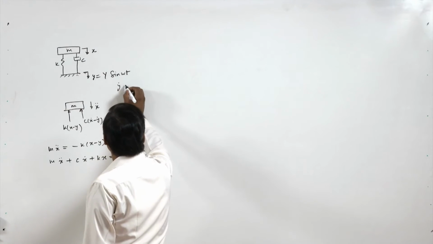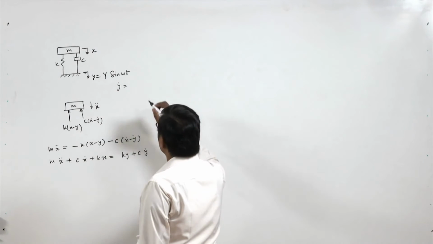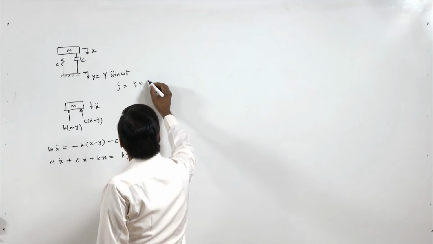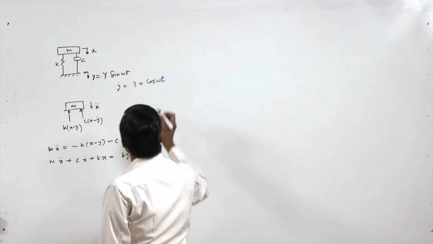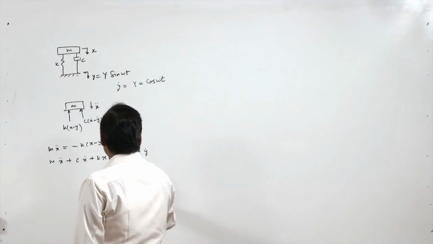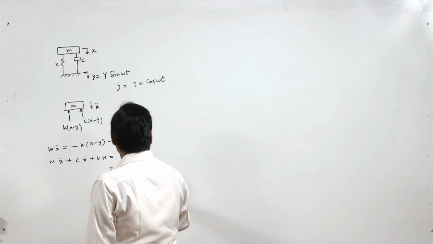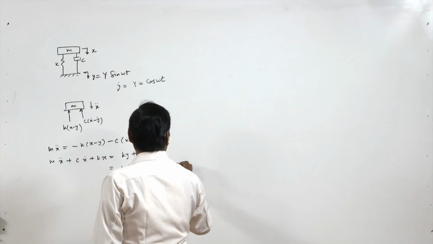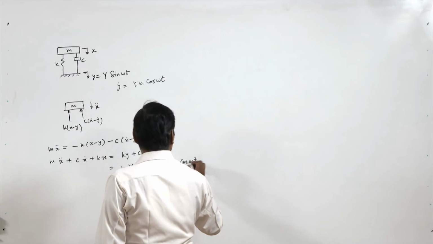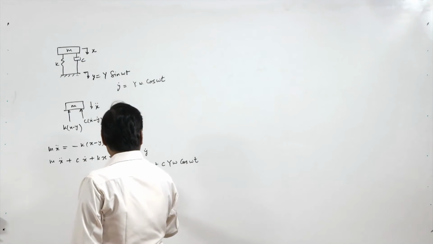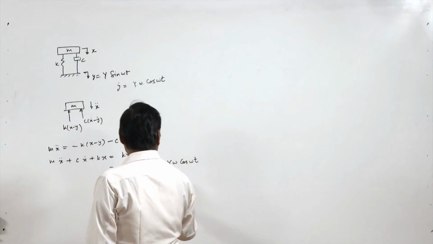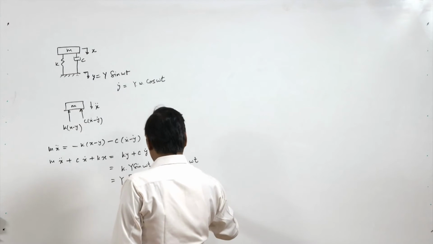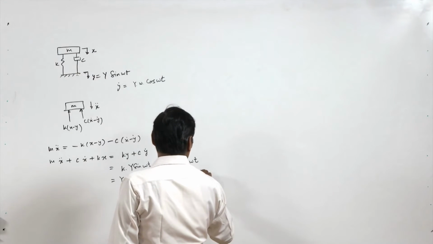So y dot, we have to differentiate this, so we have Y omega cos omega t. So here we can write k Y sin omega t plus c Y omega cos omega t. So we can write Y (k sin omega t plus c omega cos omega t).